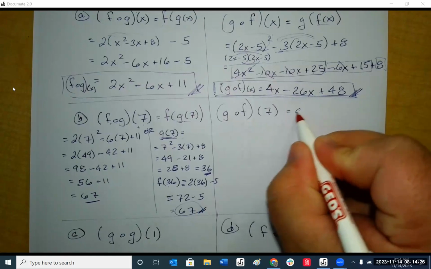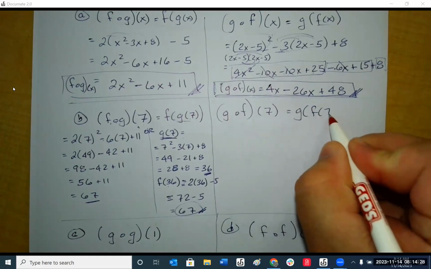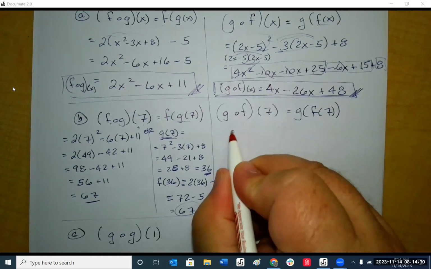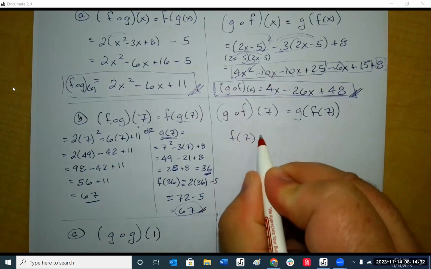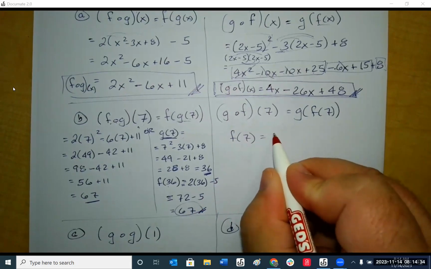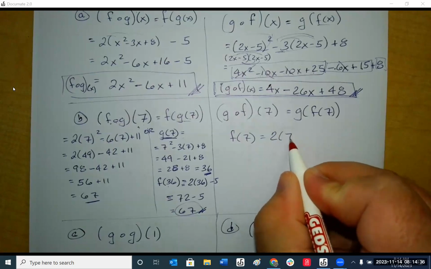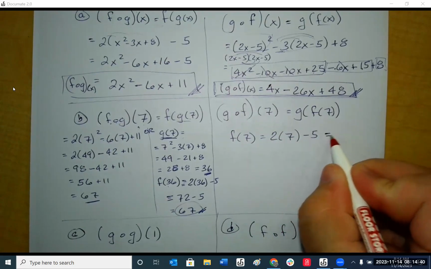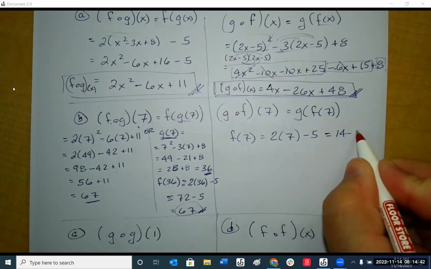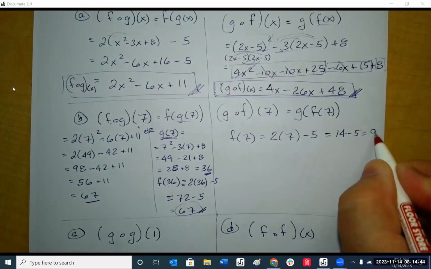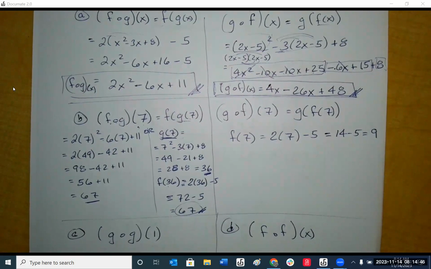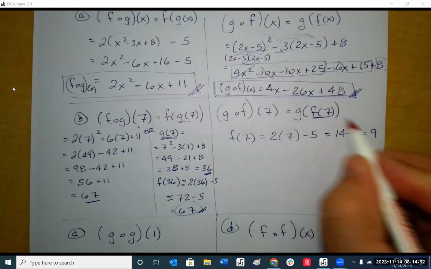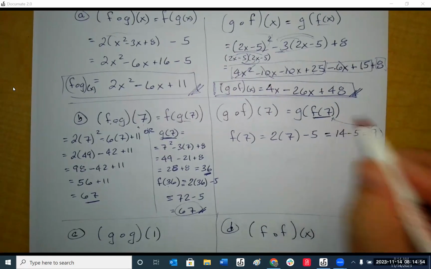So this one is g of f of 7. Let's first find f of 7. Two times 7 minus 5, 14 minus 5 is 9. So f of 7 is 9.